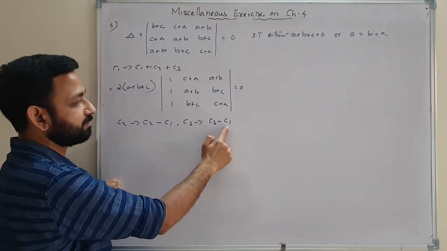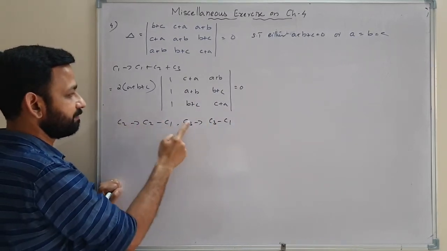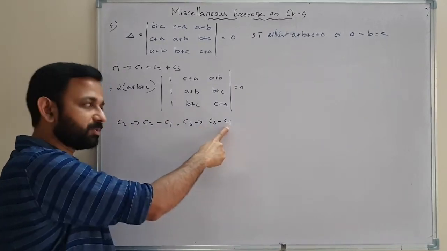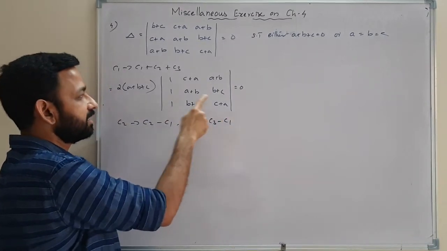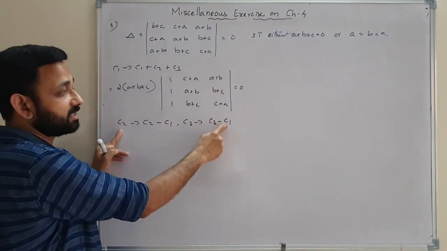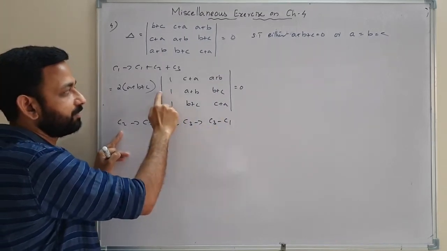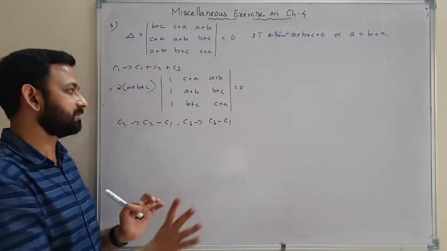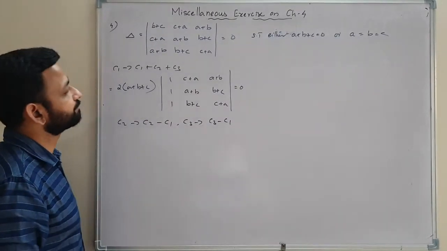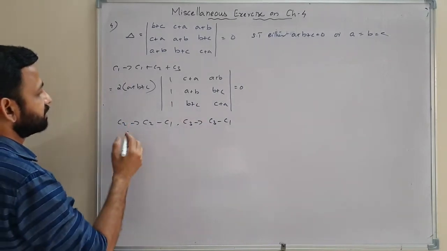If you write C2 here, then in this operation you are changing that C2, so the changed C2 would be used here, and if you take the original C2 you will get a wrong answer. When we do two operations simultaneously, you should be very careful. Here we are not using C2, so no problem.